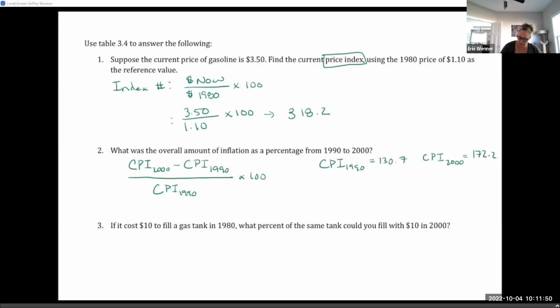So we're going to plug these into our formula. And let me know what you get. Let's see, go to 2 decimal places, please.